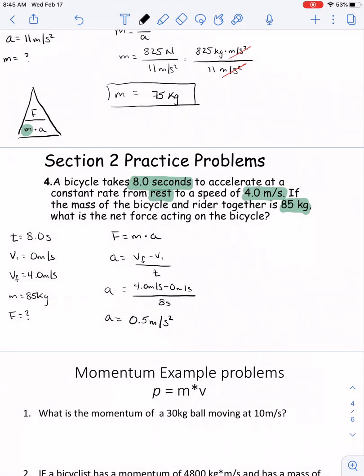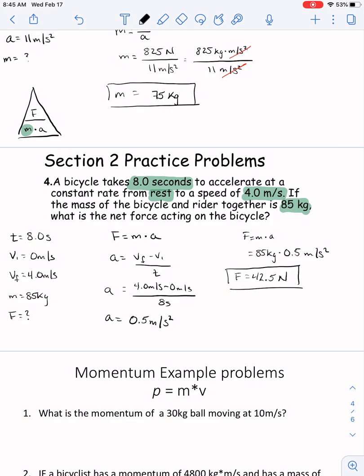Now after I've solved for my acceleration, I can use Newton's second law equation, F equals m times a. I plug in the 85 kilograms times the 0.5 meters per second squared. 85 times 0.5 gives me 42.5 newtons of force.